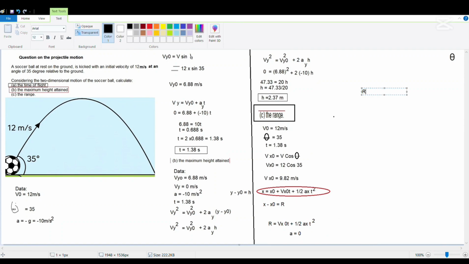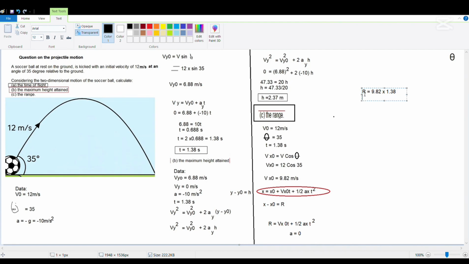So r is equal to Vx naught t, and I just need to put in the values now. We got 12 cos 35 before, which is 9.82, times t, and t we already found before, which is 1.38.